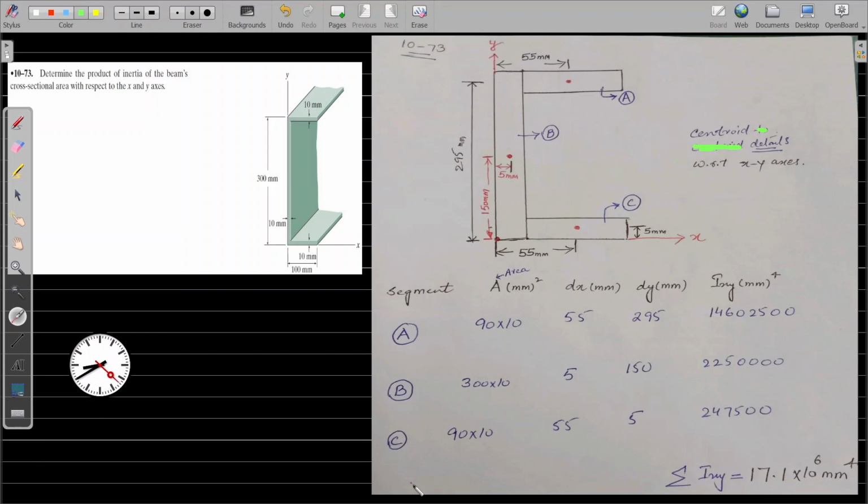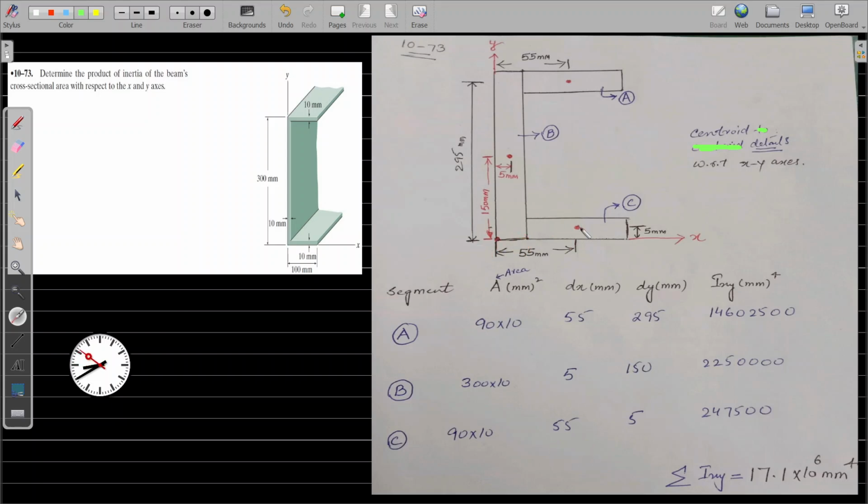Now we go to flange number C. It has the same area, which is 90 into 10, but the centroid location is this point. If we need to calculate the dx of this flange C, the distance from the y-axis is again 45 plus 10, so it will be 55.